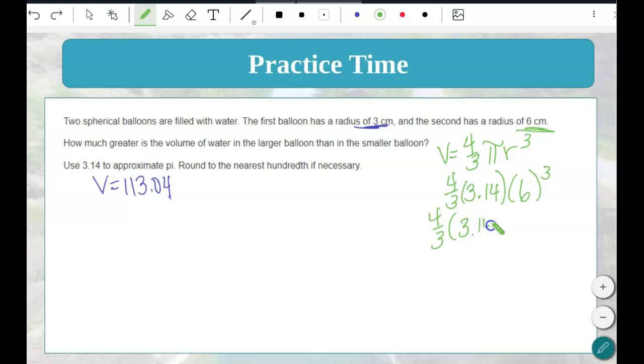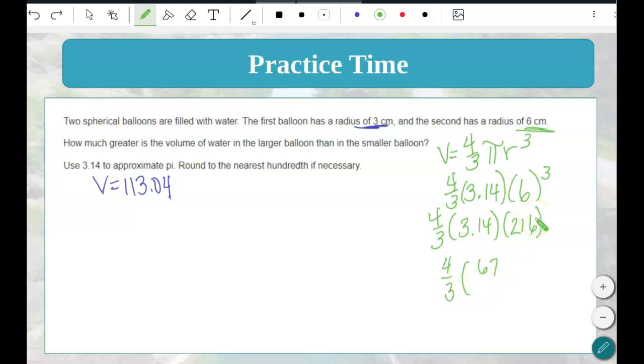Remember, you use that caret key, which is above the division sign. Put 6 caret 3, and you should get 216. Now multiply that by 3.14. 216 times 3.14, you should get 678.24.